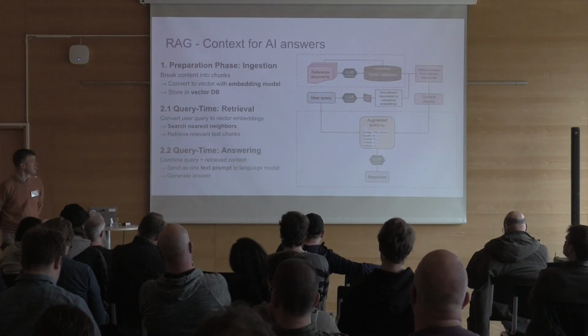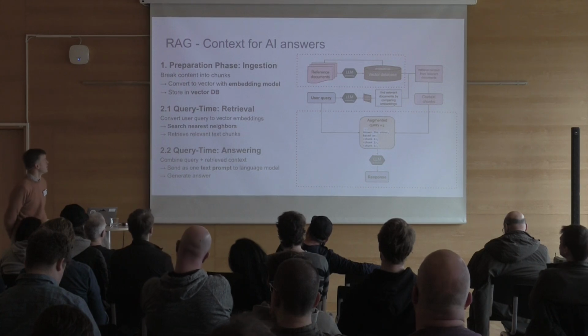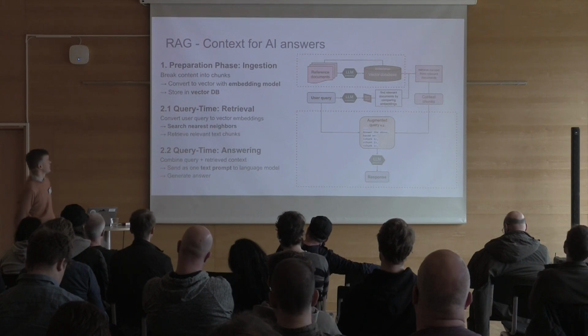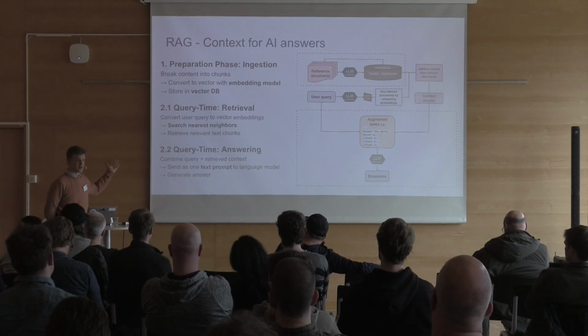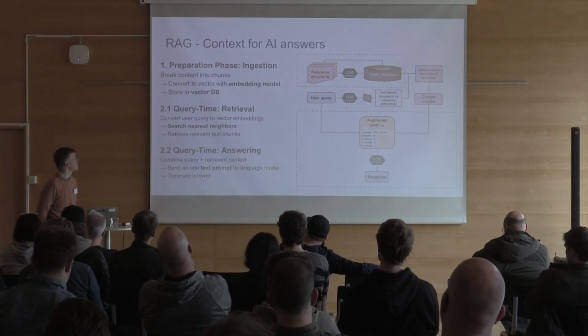Okay, so let's go in on how RAG happens from a more technical point of view. I'll show this image first, and then I'll take it step by step. There are two phases. The first phase is when you're preparing. I was mentioning in the use case vectorizing the book.